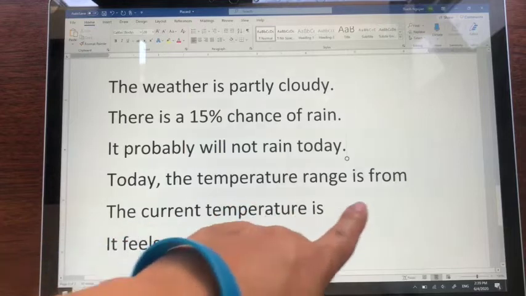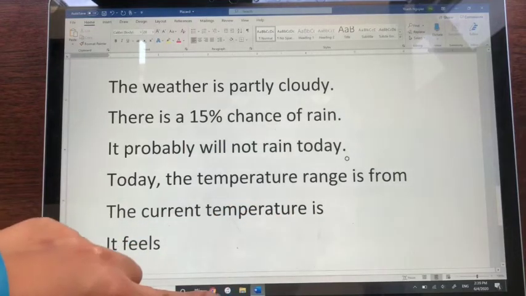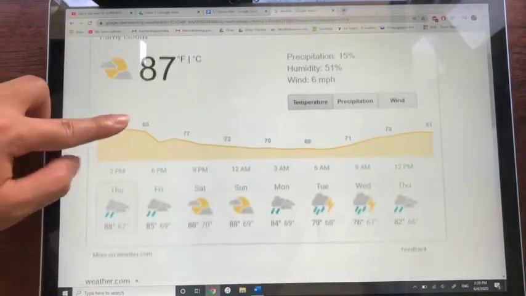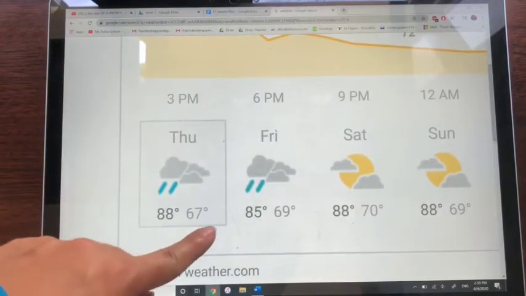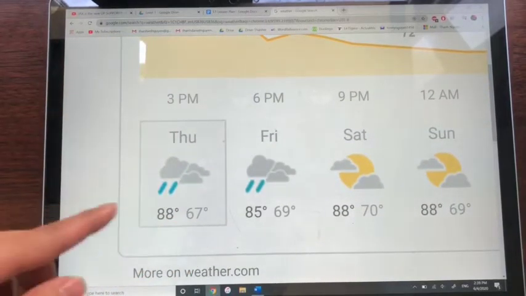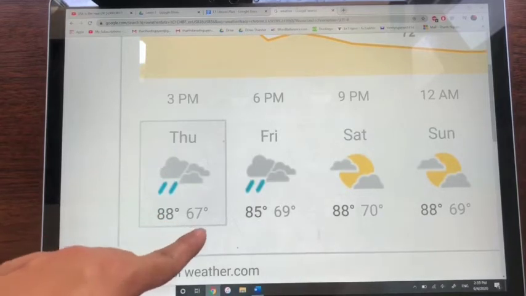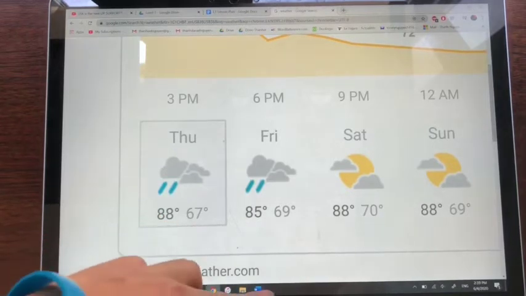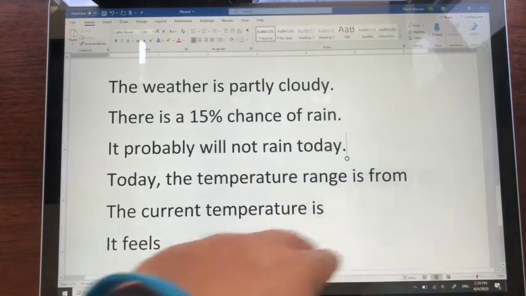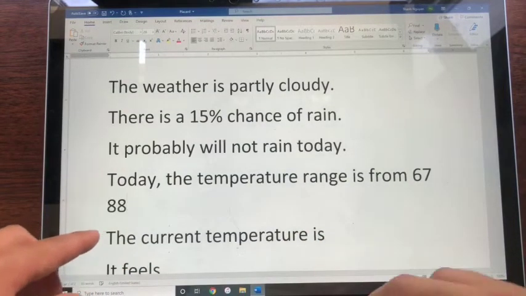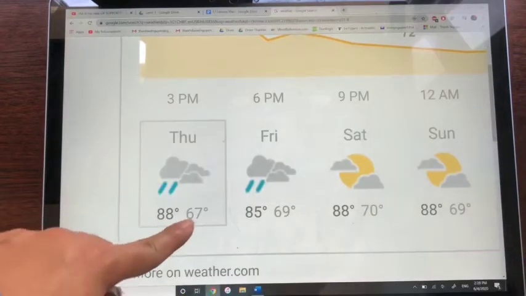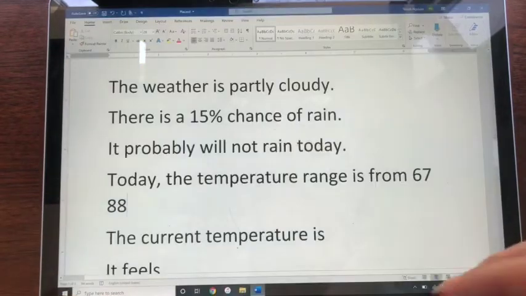Today, the temperature range is from. So let's find the temperature range. We have the high temperature and we have the low temperature. So today, the temperature is from 67 to 88 degrees. Was it 88? Yeah, 67 to 88 degrees.